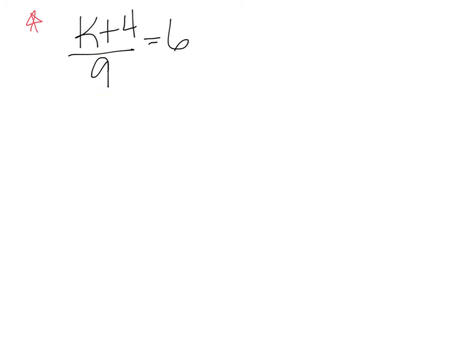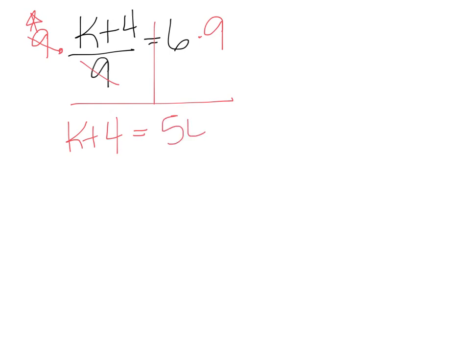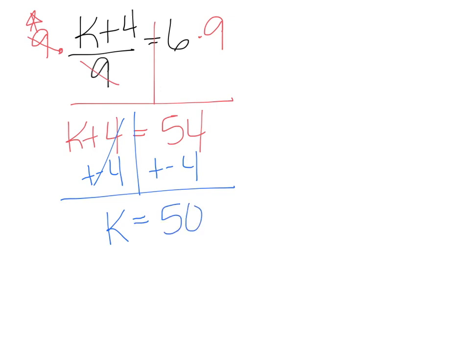So in order to use inverse, we first have to multiply by 9 on both sides in order to get that numerator alone. So when we do that, this 9 on the left side will cancel out, and we are left with k plus 4 equals 54. Now I'm just going to get k by itself, so I'm going to add a negative 4 on both sides, and k equals 50.